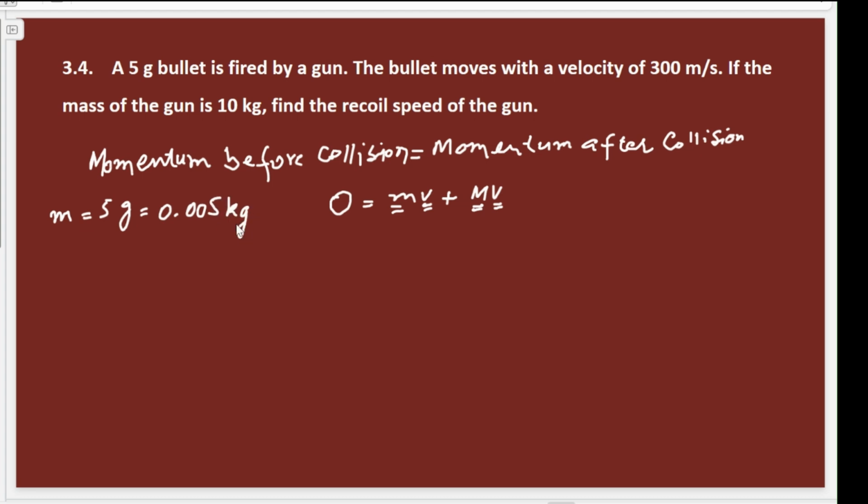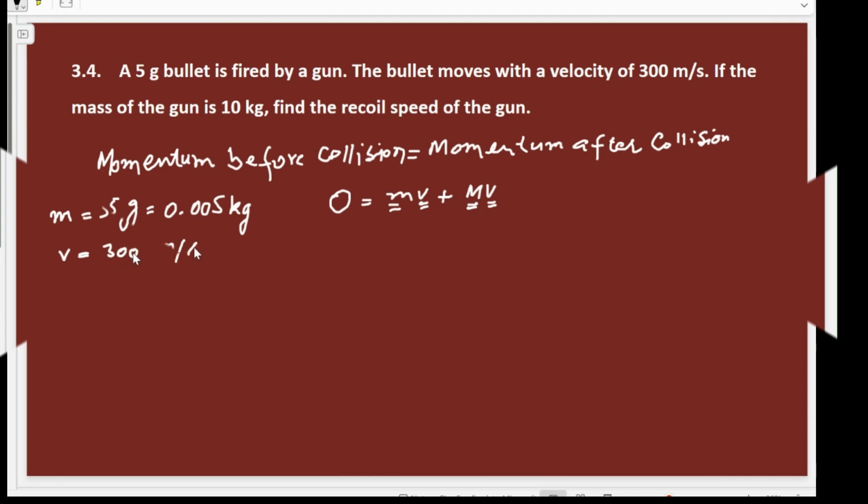Similarly, the velocity of the bullet when the bullet is fired is small v, and this is given as 300 meters per second.